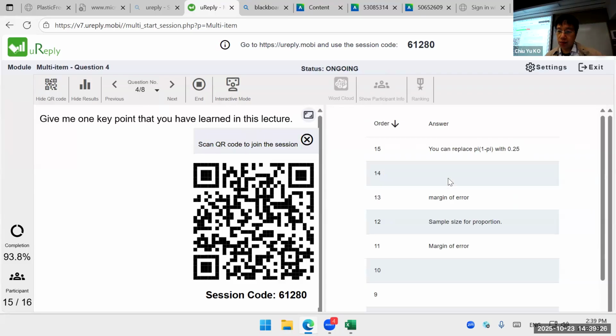That's great. Oh, you can replace pi times 1 minus pi with 1/4. That is because you are using the most conservative estimate, because it can be any number, but you want to use the highest one to make sure that the sample you collect, in the worst case, will still fall within the range.